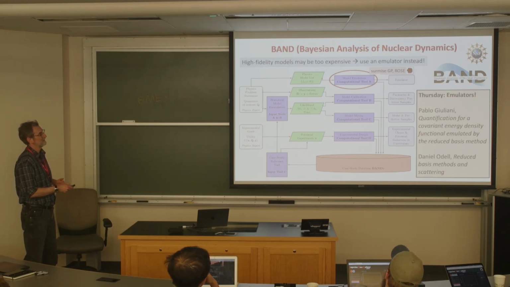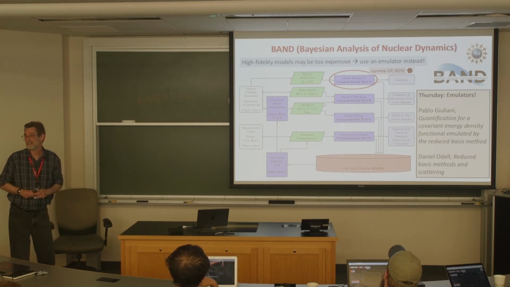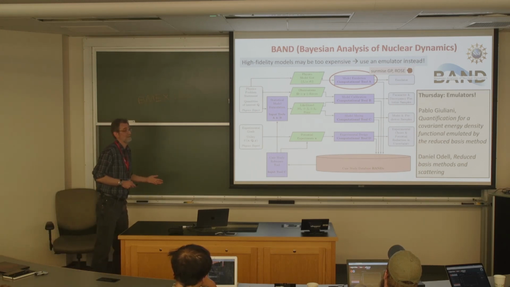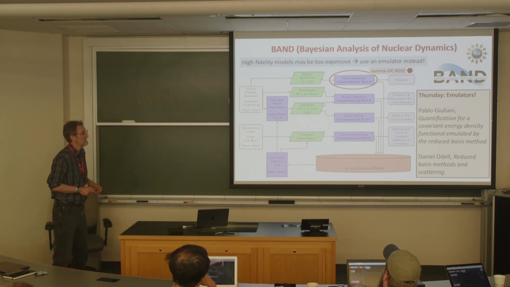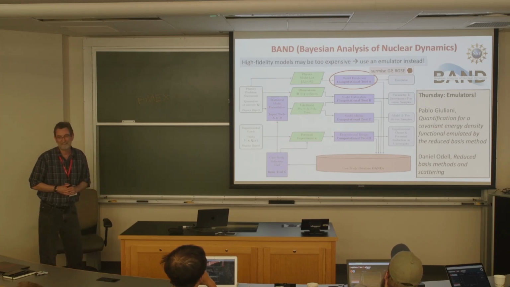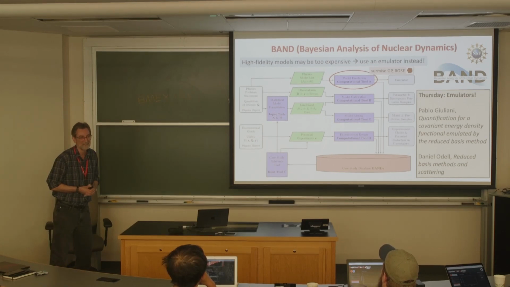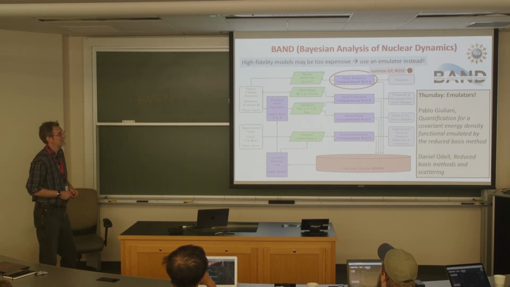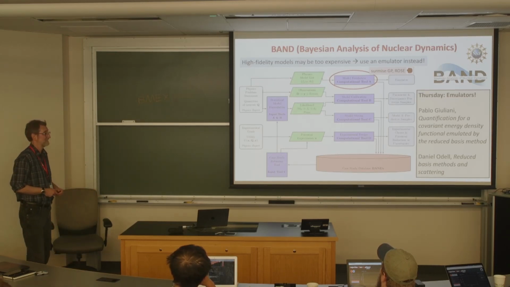You learned hands-on about Gaussian process emulators through Surmise, and also this area of reduced order modeling emulators. This whole day, basically, on Thursday is devoted to emulators. It's a big topic now. Essentially, it makes all of this possible for us, so that we can do Bayesian analysis on things.